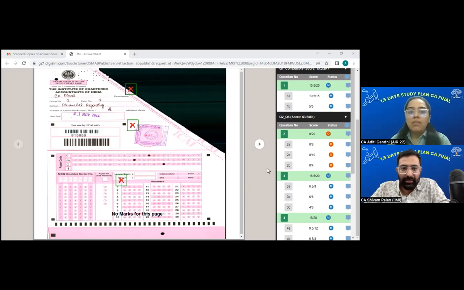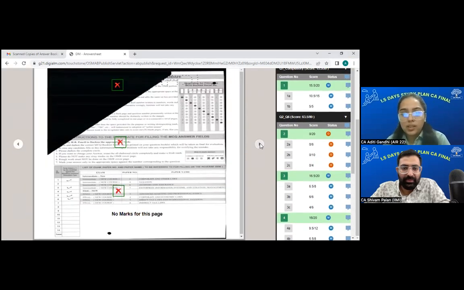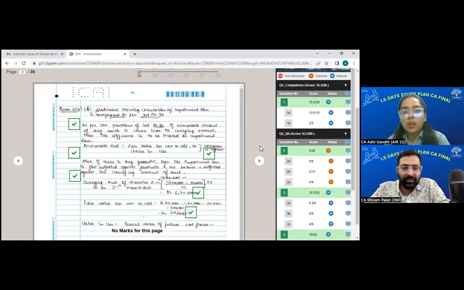Second thing is, have a look at the presentation of different chapters in the study material. For example, if I show my answer sheet, this is a question on impairment loss, and this question was from the study material only. There were two machines, and we had to calculate. Whenever you are writing any answer, even if it is a practical question, you have to give the reference of the standard according to which you are giving the answer.